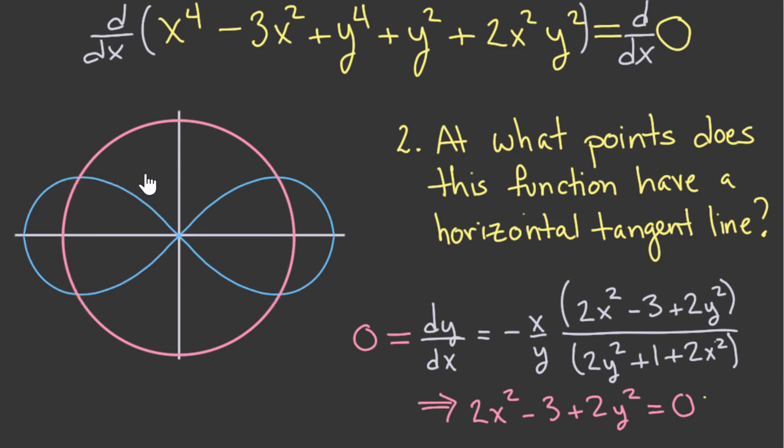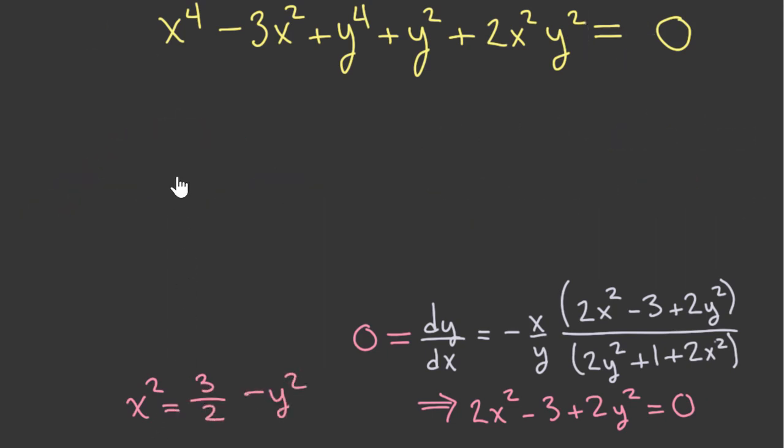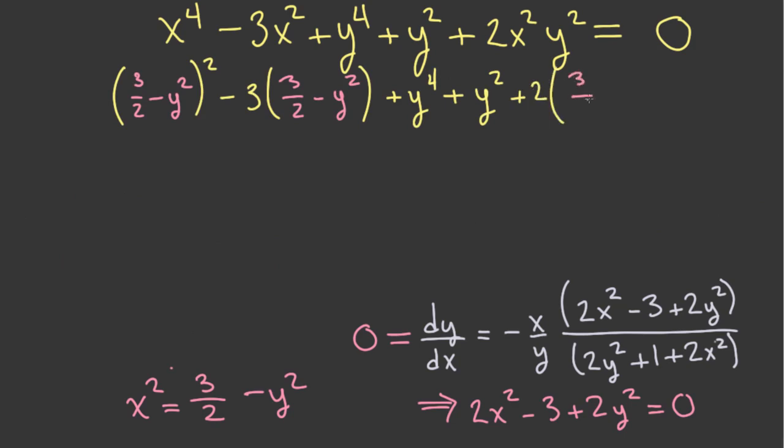To do that, I'm simply going to say, okay, well, x squared is equal to 3/2 minus y squared. Then I'm going to plug that into the equation defining this curve and solve for y. That's exactly going to find where these two curves intersect.